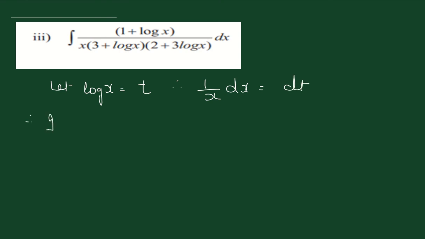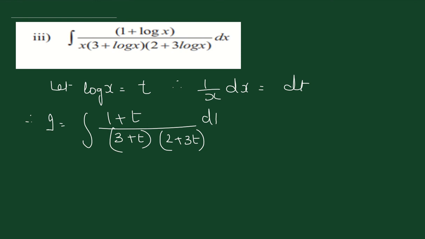So therefore our integral becomes the integral of 1 plus t upon 3 plus t into 2 plus 3t dt, because 1 upon x dx is dt, and therefore we get this particular term.